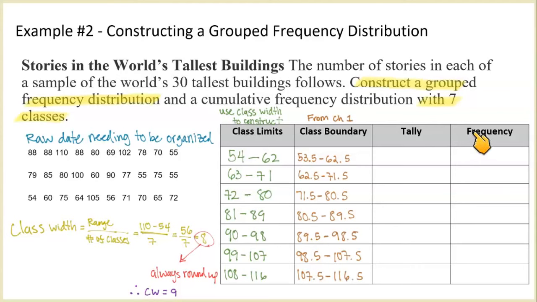Now the tally and the frequency are no different from the categorical distribution that we constructed. We want to look at what values in our raw data set can fall in between the interval from 54 to 62.